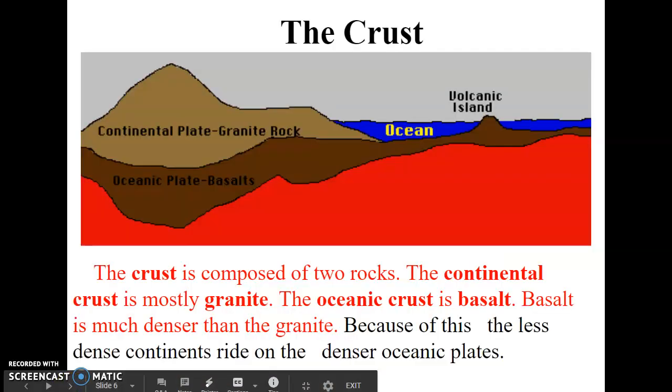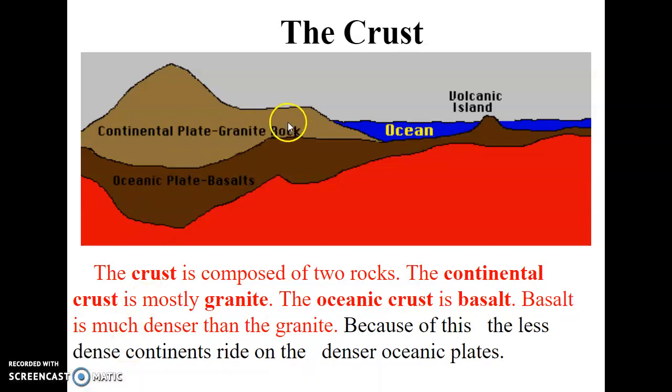Okay? So the crust is composed of two different kinds of rocks, mostly. The continental crust is mostly composed of granite. If you've ever been to the Rocky Mountains or you've seen Mount Rushmore, you've seen granite. Granite is a very common rock, and we love to carve things out of it because it's really hard. Also, a lot of mountains are made out of granite.